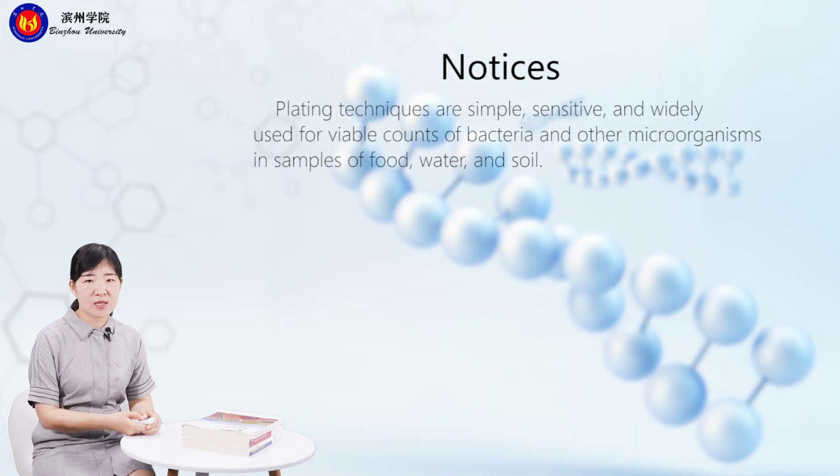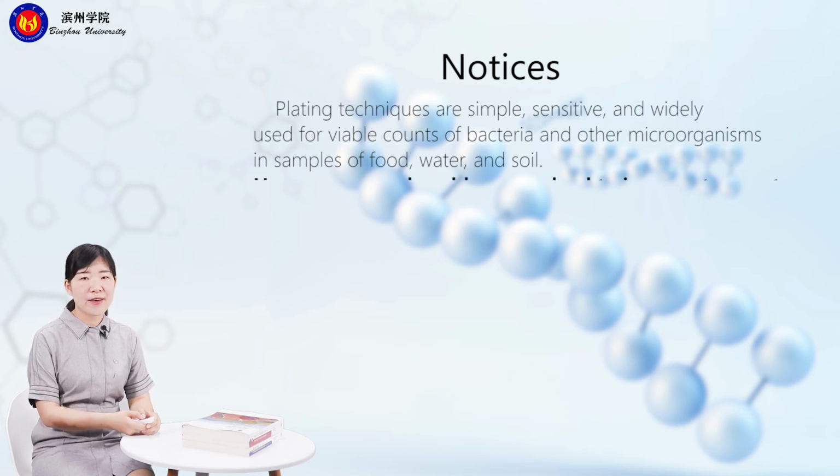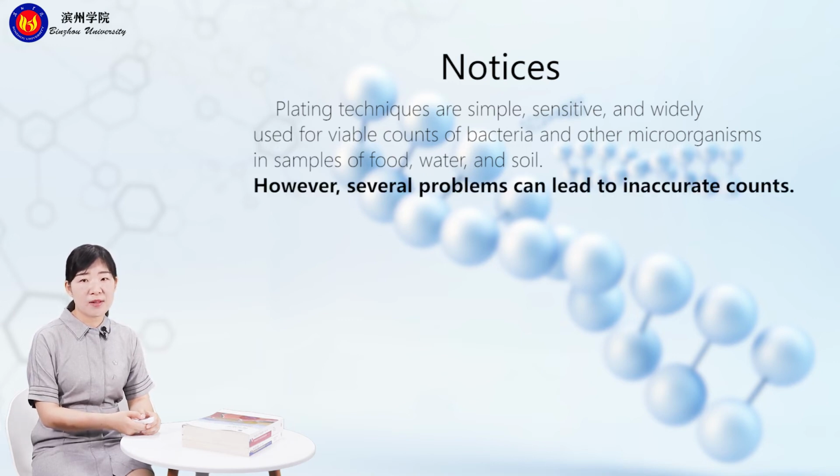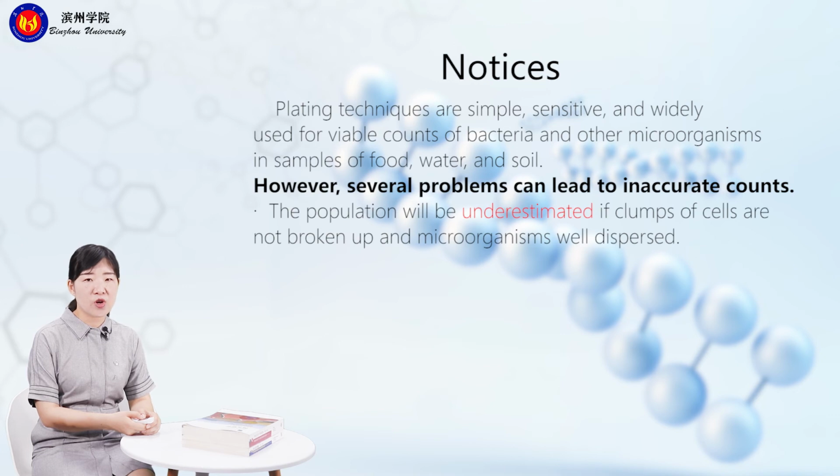Plating techniques are simple, sensitive, and widely used for viable counts of bacteria and other microorganisms in samples of food, water, and soil. However, several problems can lead to inaccurate counts. First, the population will be underestimated if clumps of cells are not broken up and microorganisms dispersed.